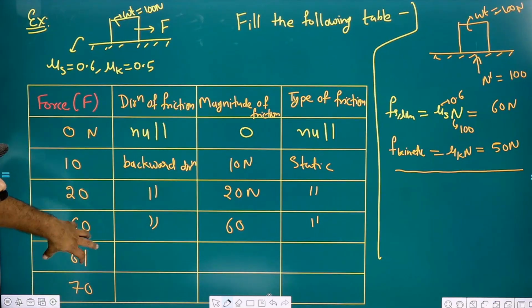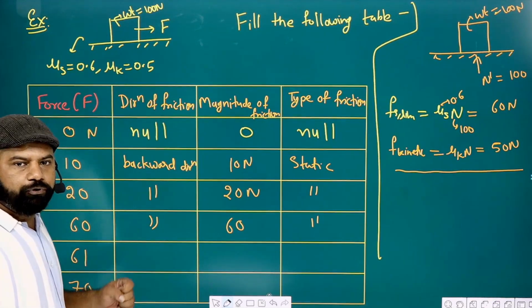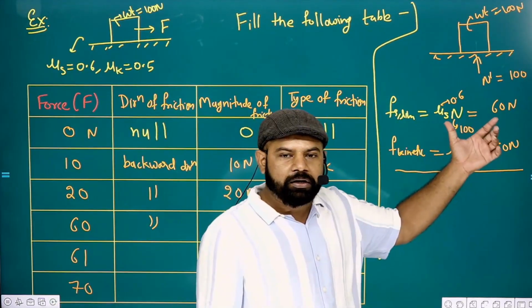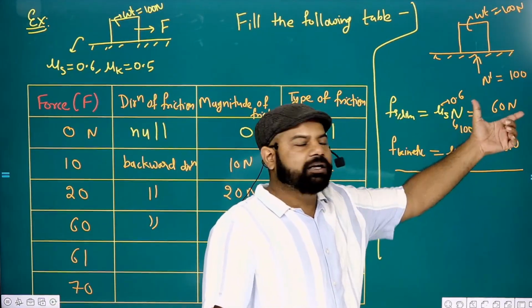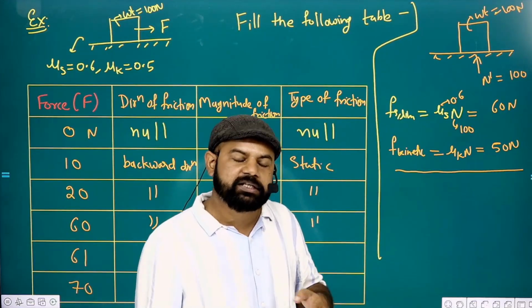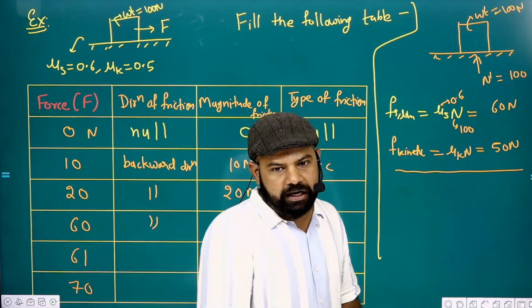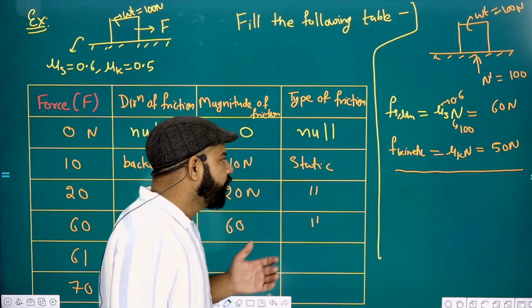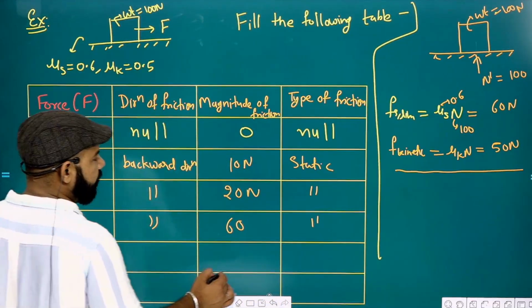Now if we apply 61 Newton force, this force is larger than the limiting friction. It means the movement between the two surfaces has already started. So there will be some relative movement and the force of friction acting will be kinetic.